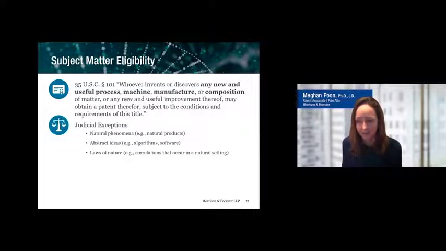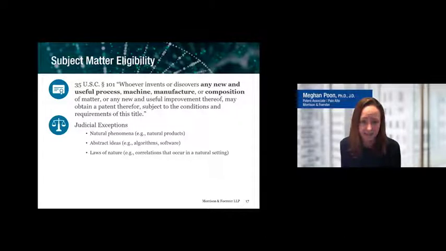These are based upon the concern that we don't want innovators to tie up all uses of a foundational principle. The purpose of patent law from a policy perspective is to enable innovation and further development. So if somebody is able to patent something so foundational that no one else can develop anything else new, then that's going contrary to the purpose of patent law.